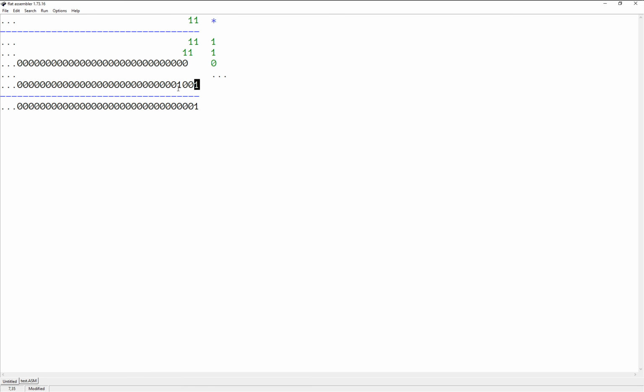It differs from the preferred result on this position, so we need to flip this bit. Now the difference is here, and we need to flip another bit, and so on. We are going to keep doing this endlessly.